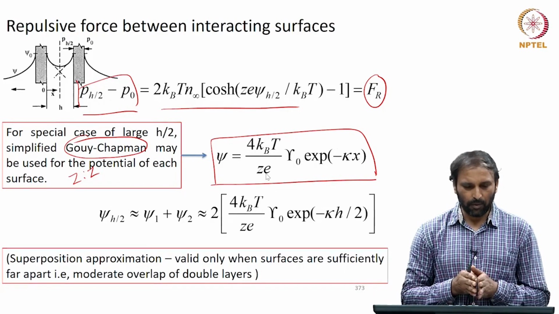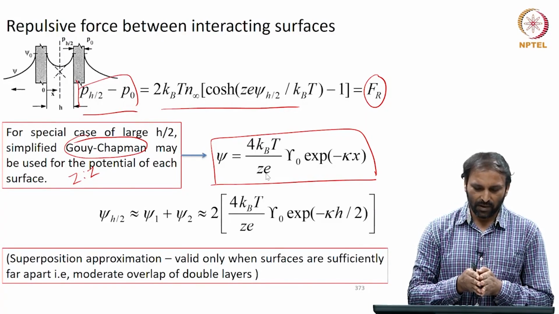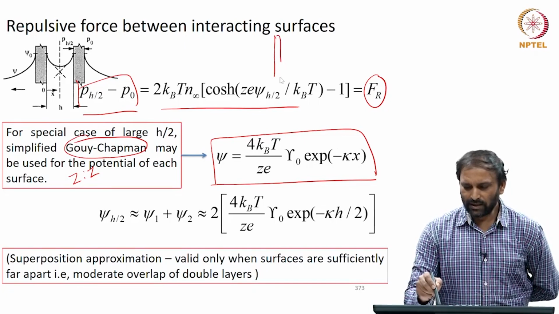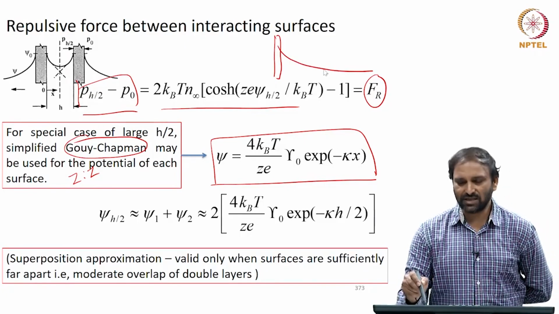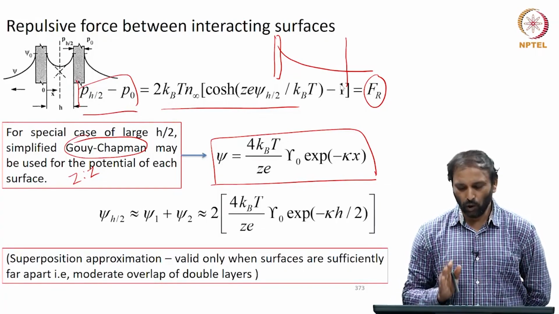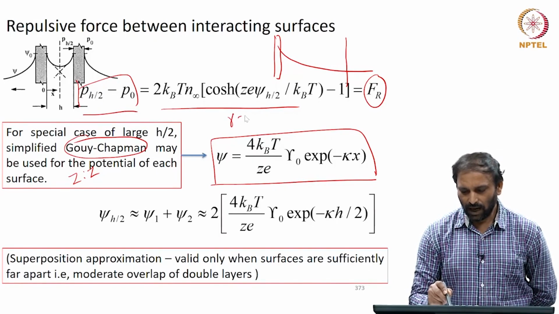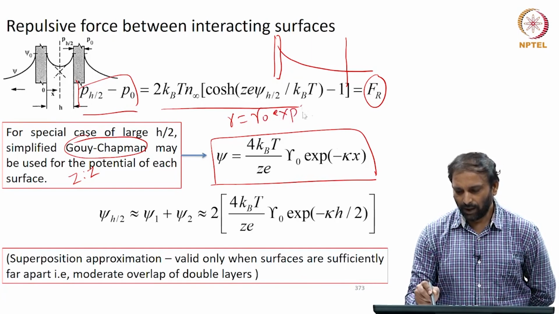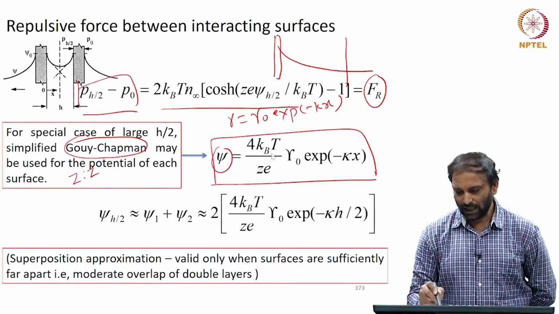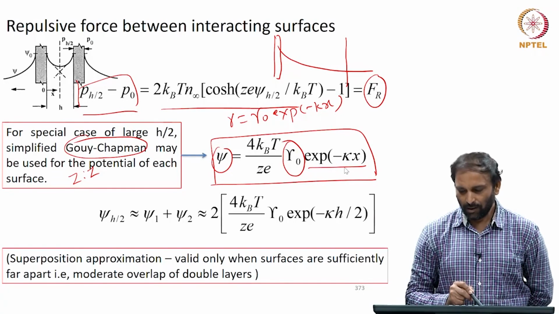That means we are looking at a very large distance from the charged surface, such that the potential has fallen to a low value. In such a case we can simplify: gamma is equal to gamma naught exponent minus kappa x, as psi is equal to 4 kBT divided by Z e gamma naught times exponent of minus kappa x.